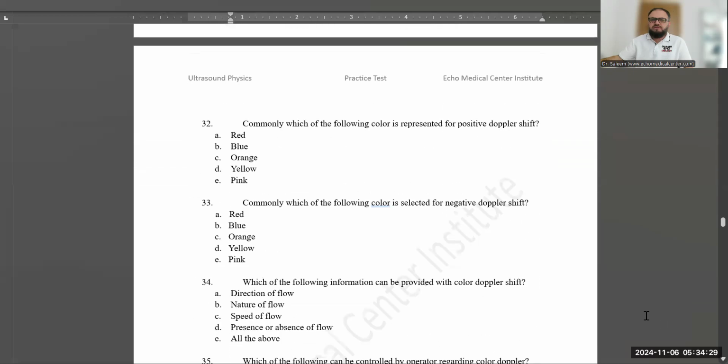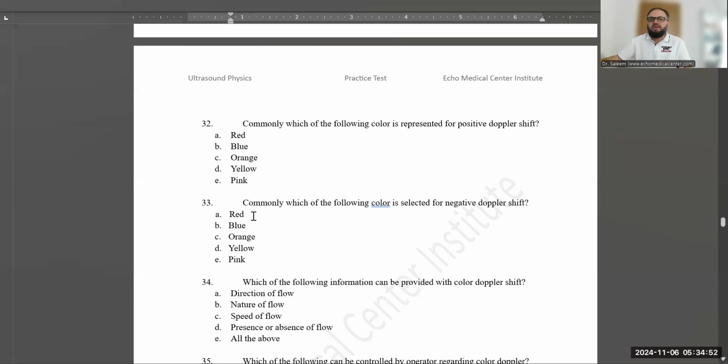Simple and easy question. It says, commonly, which of the following colors is represented for the positive Doppler? Which color is internationally accepted as a positive Doppler shift? What do you think? Yes, of course, red.